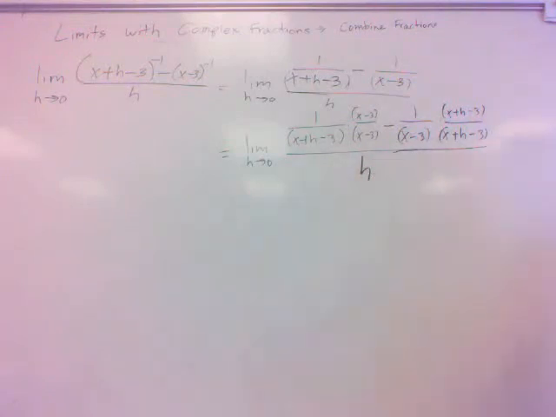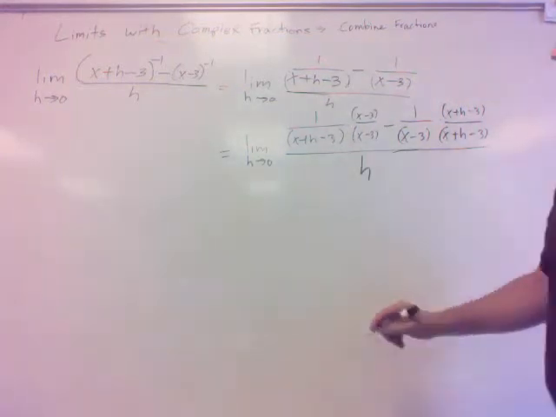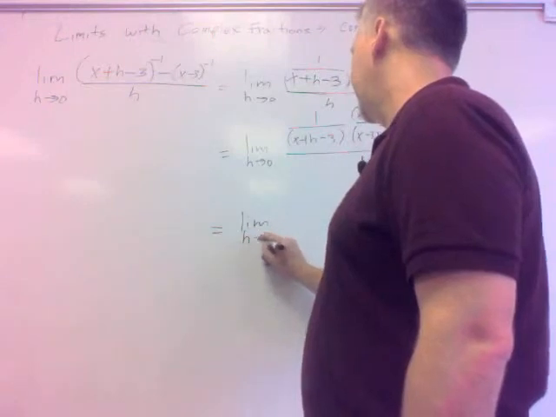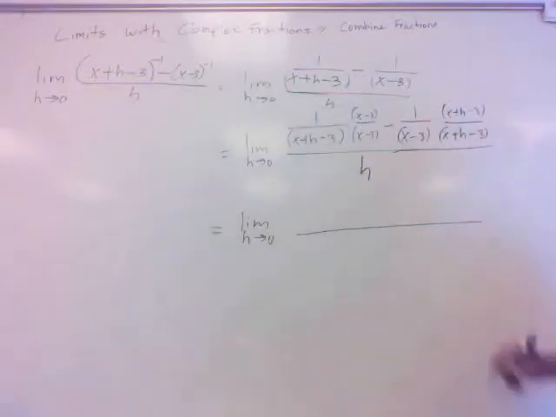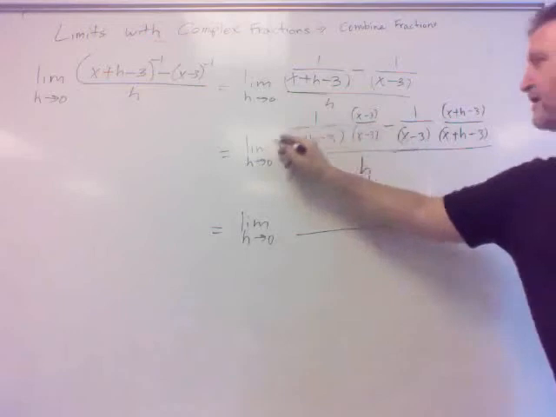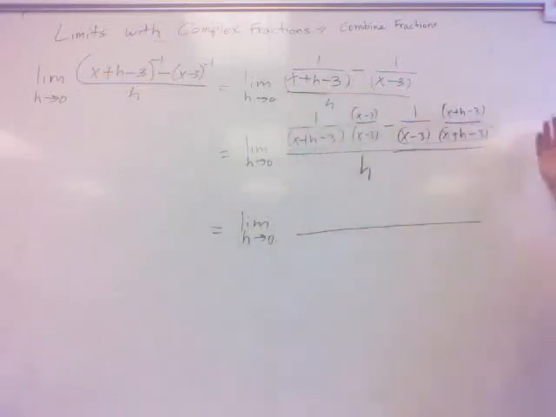Okay, so we're getting some pretty good algebra stuff here, combining some complex fractions and all that good stuff. Let's see what happens. Usually nice things happen. All right, so now I have a common denominator of this and this. They're the same, just reversed.